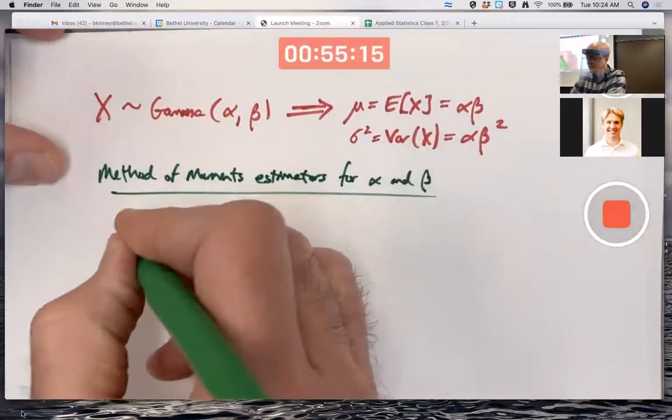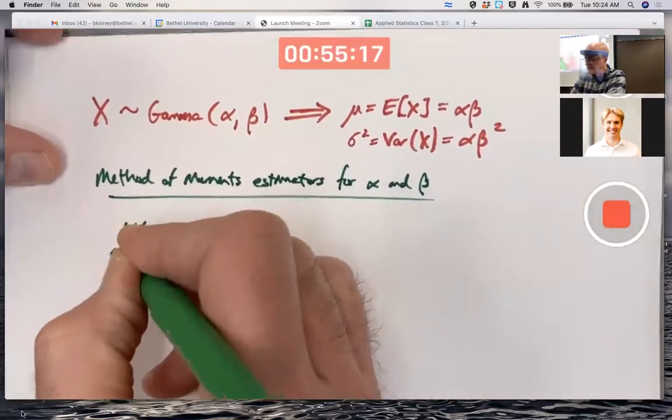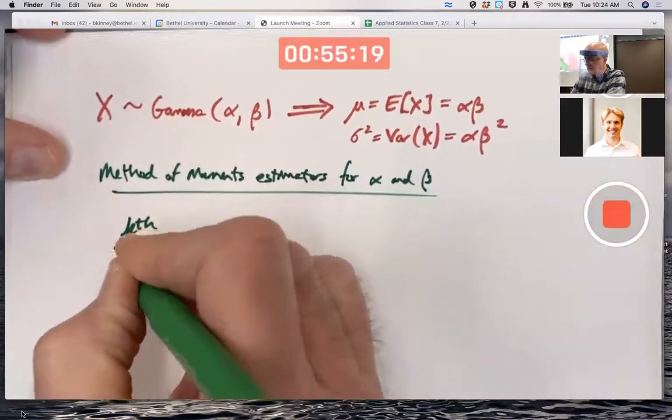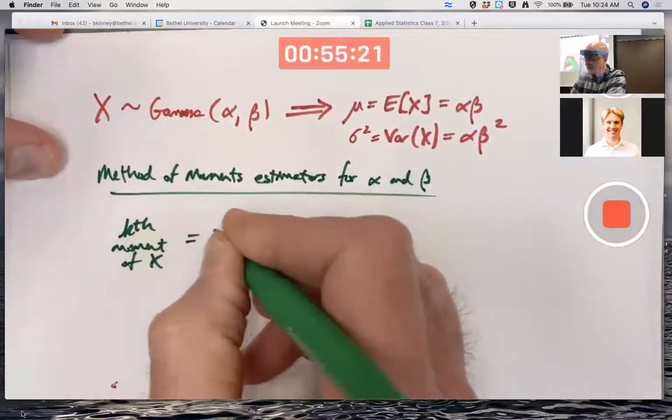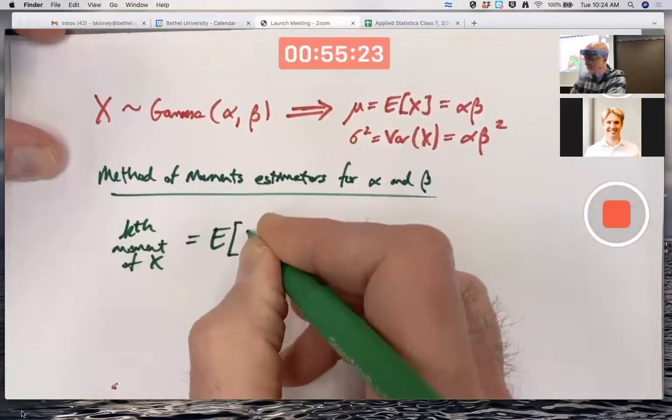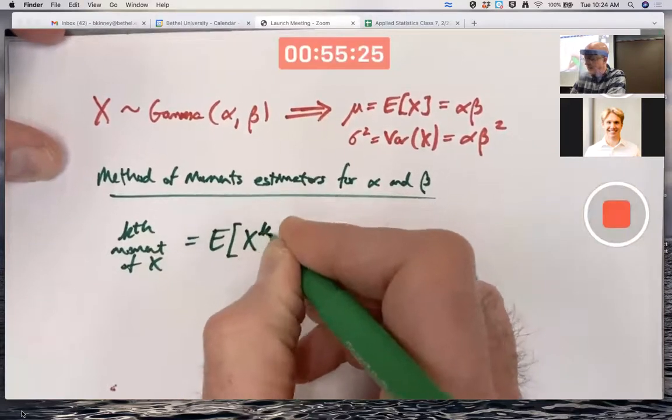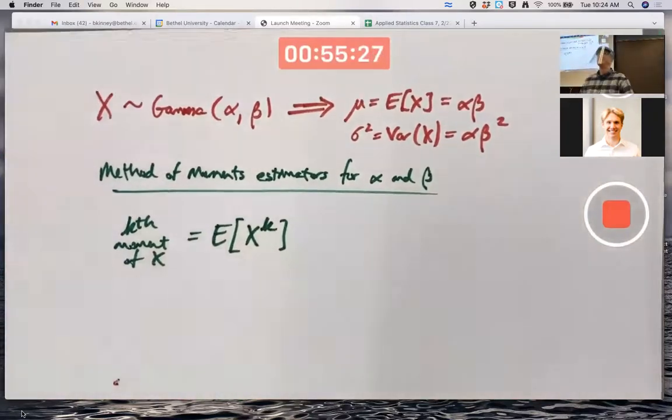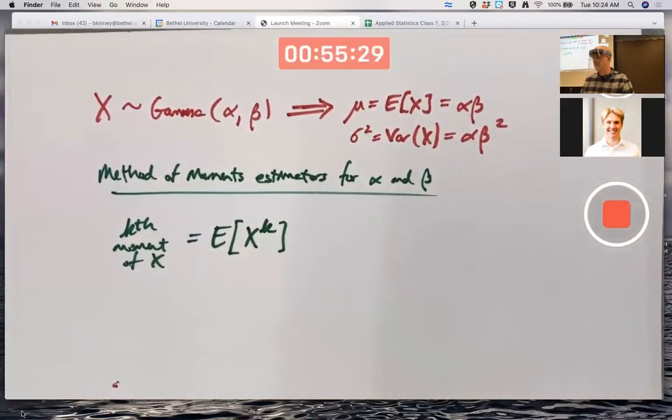The kth moment of x, by definition, is the expected value of x to the k power, right? First moment is the expected value of x, the mean. Second moment is the expected value of x squared. It doesn't equal the variance, but can be used to find the variance.